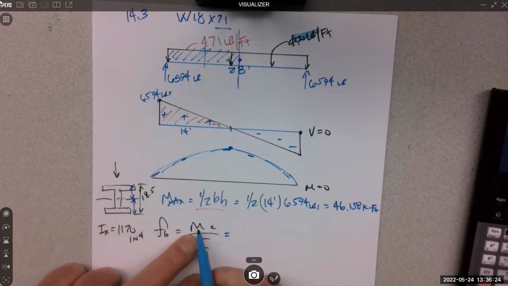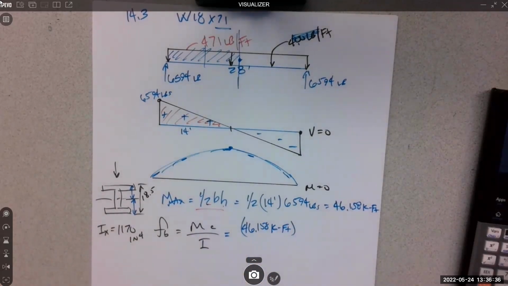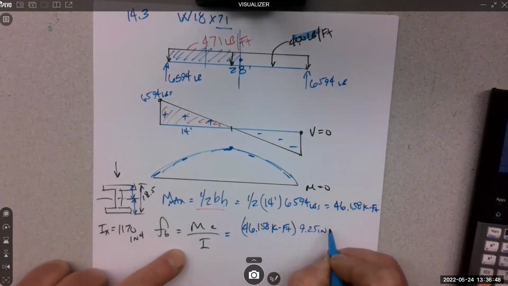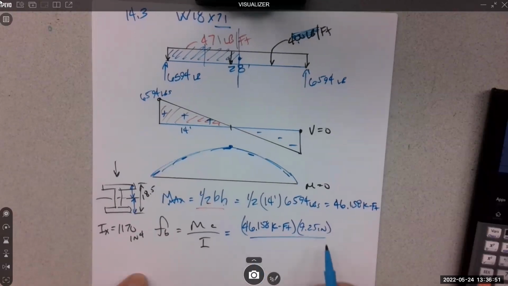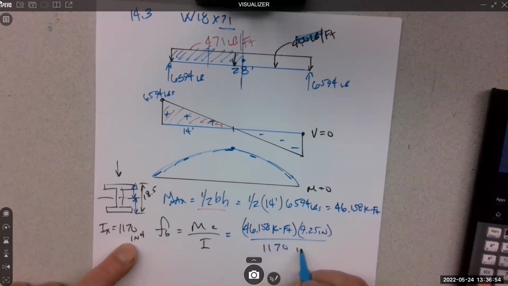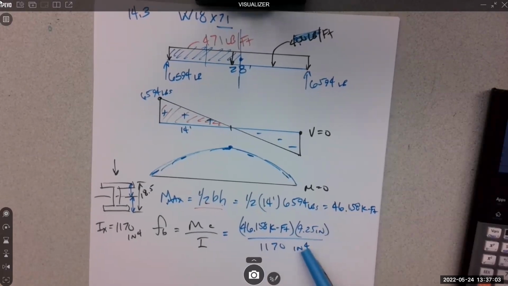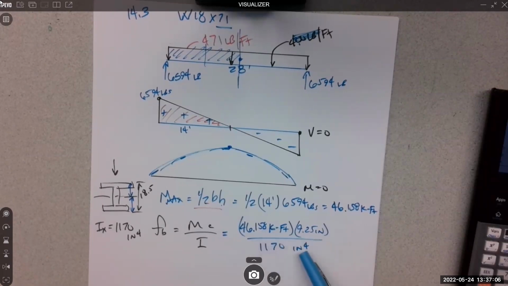So the equation is moment. We know that's 46.158 kip feet. It's super important to write the units in because you'll have some conflicting units. I'm going to put in half of 18.5, and that's inches, 9 1/4. And then I goes in its units. We need the feet and the inches to combine above to eliminate 2 down below, so we're left with kips per square inch.